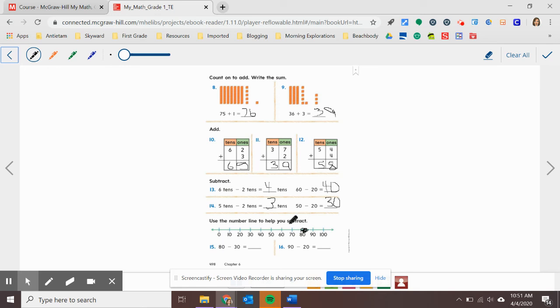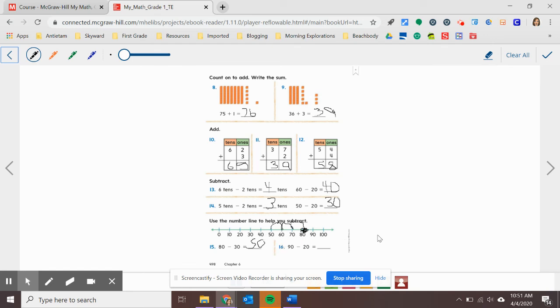Ready? 10, 20, 30. So 80 minus 30 equals this number that I landed on, 50. So go ahead and write the number 50 on your line. That's your answer.